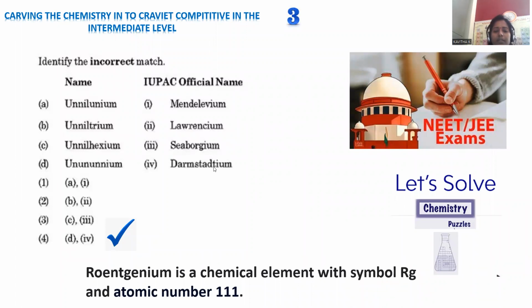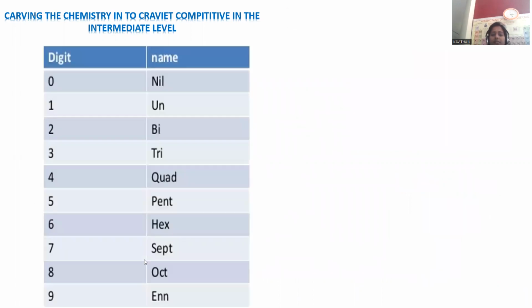Triple one, darmstadtium is the wrong one, rather it is roentgenium. So this is the way we have to identify which is the wrong mapping between the IUPAC nomenclature and the official name of the given element. This is a question related to the periodic table. For question number 3, option number 4 is the correct answer.